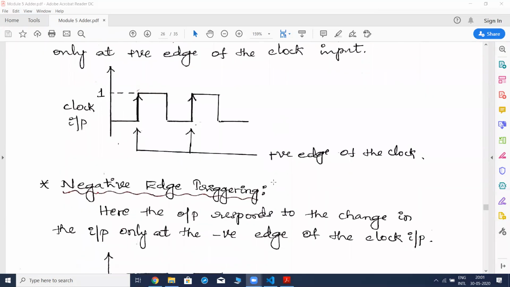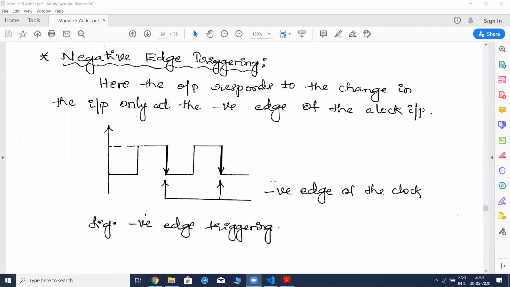Now let us move on to see the meaning of negative edge triggering. Here the output will respond to the input. If there is any change in the input, it will respond to it only during the negative edge of the clock input. So what is the negative edge of the clock input?